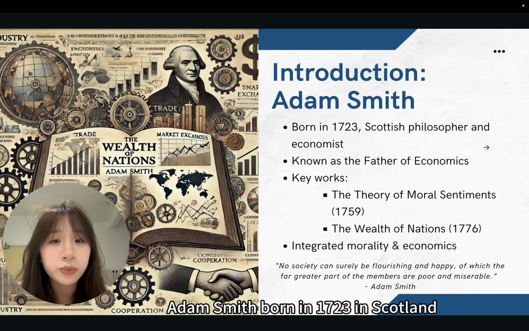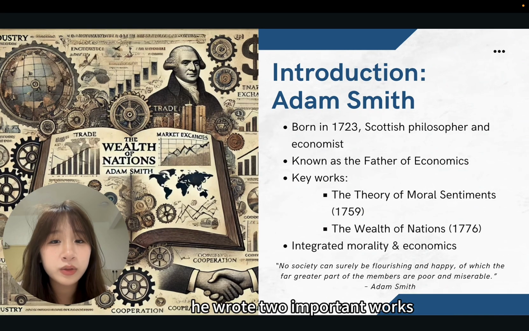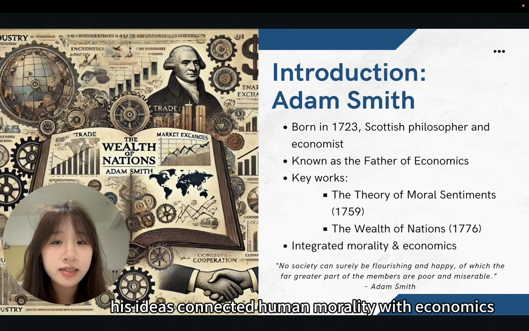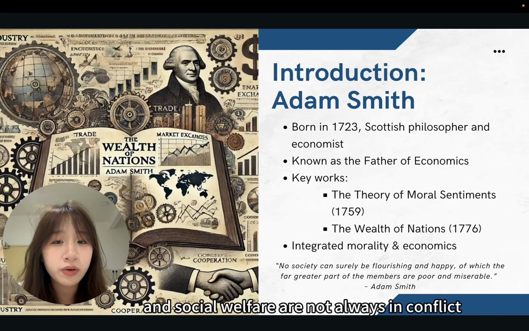Adam Smith, born in 1723 in Scotland, is often known as the father of economics. He wrote 2 important works, The Theory of Moral Sentiments in 1759 and The Wealth of Nations in 1776. His ideas connected human morality with economics, showing that self-interest and social welfare are not always in conflict.